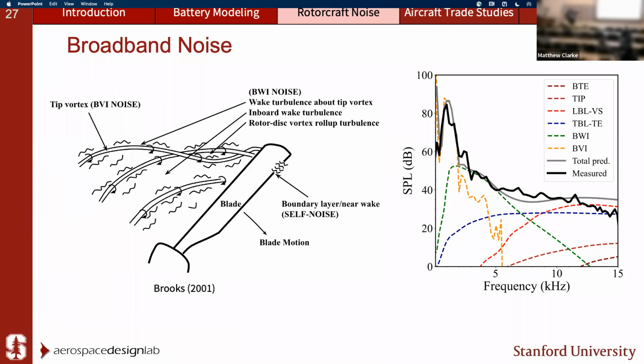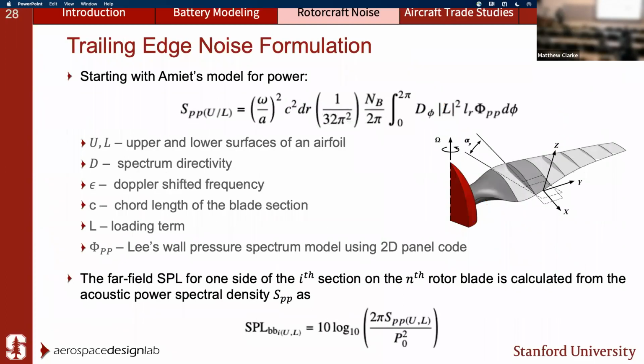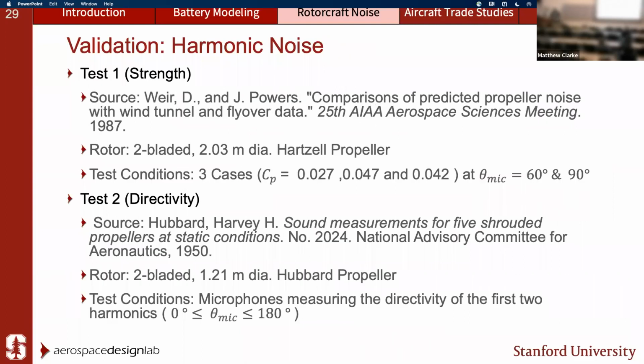However, you can get away with only the blue line for conceptual design in certain cases. And then for that, I'm using Amiet's model, which essentially captures using the properties of the boundary layer of the airfoil. You can capture essentially the pressure spectrum radiated by one blade section. Then you can integrate that over the entire blade, about the number of blades, and then you can get the total sound pressure radiated over the entire, the total broadband component over the entire aircraft.